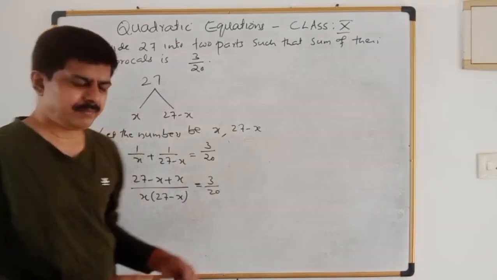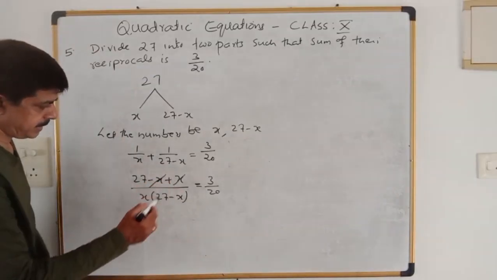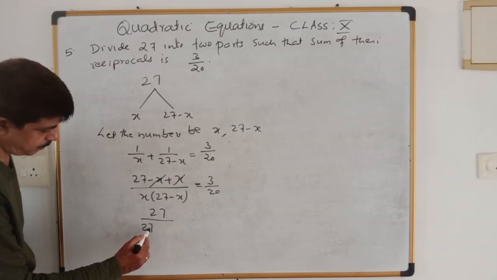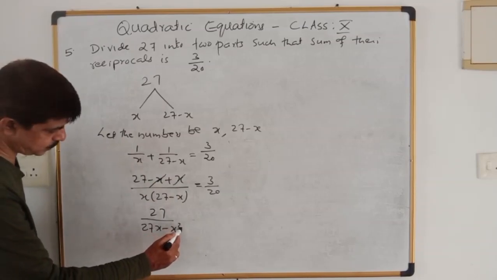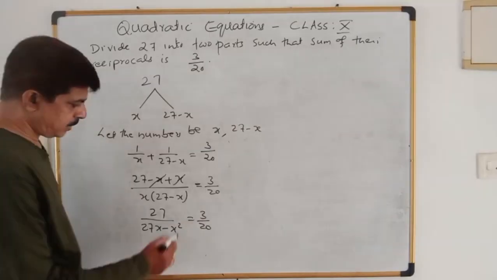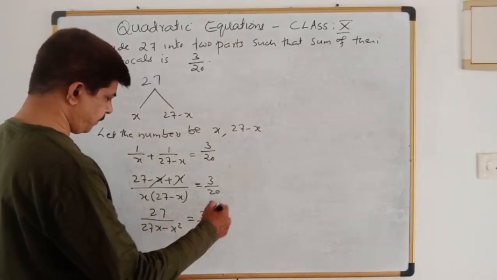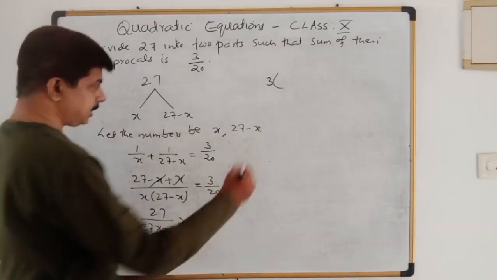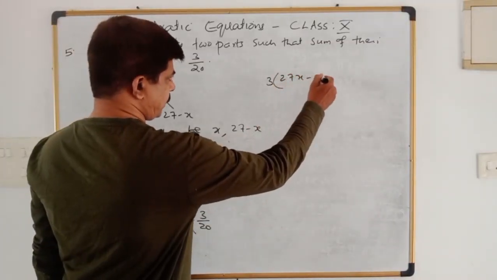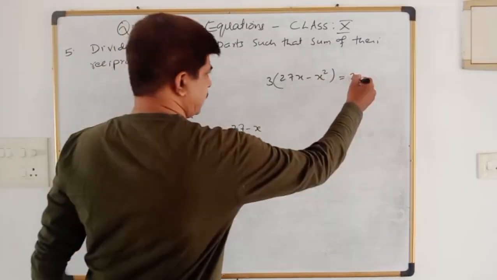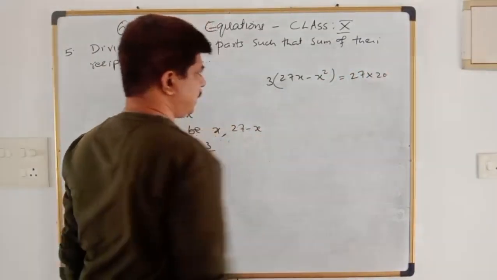So in the numerator we can see like terms. This is simplified, 27, and in the denominator this bracket should be open, 27x minus x square is equal to 3 by 20. Moving to the next step, by cross multiplying, 3 into 27x minus x square is equal to 20 and 27 product.